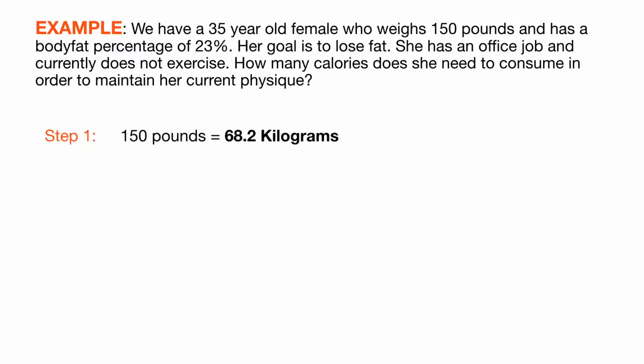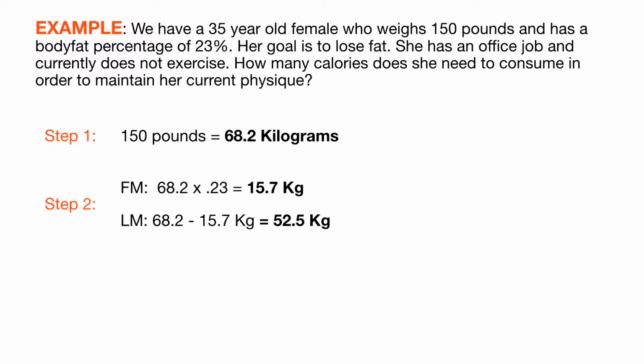All right, so here we are, guys. We have step 1. Step 1 would be converting our pounds to kilograms. So we take the 150 pounds, we divide it by our 2.2 conversion rate, correct? And that's going to yield us 68.2 kilograms. Now, with the 68.2 kilograms, we've identified that our female is 23% body fat.